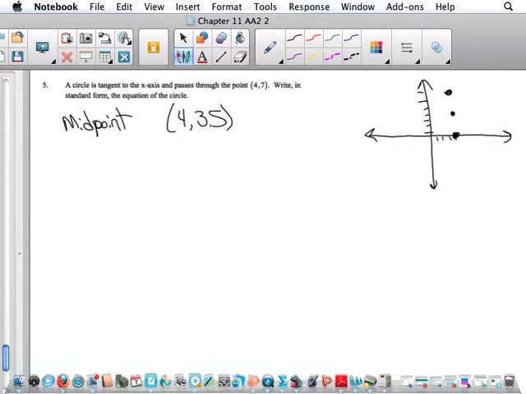Then the radius is just a vertical line, and you know that it is 3.5. So you can easily get the equation: (x - 4) squared plus (y - 3.5) squared equals 12.25.